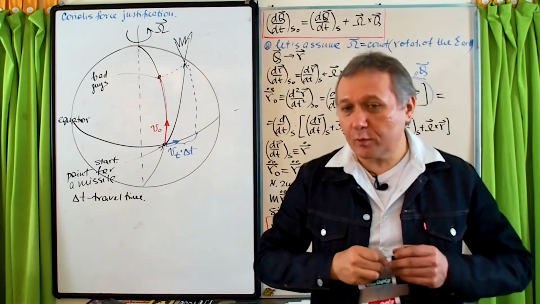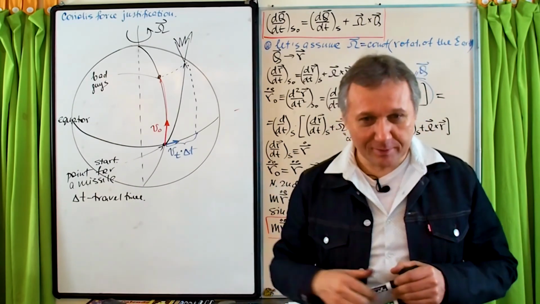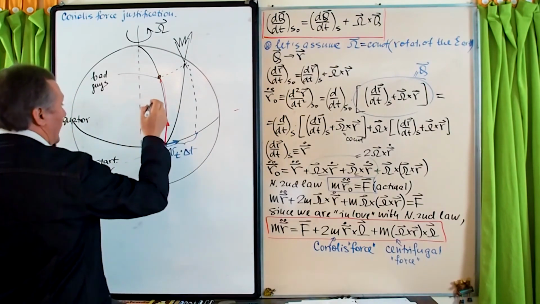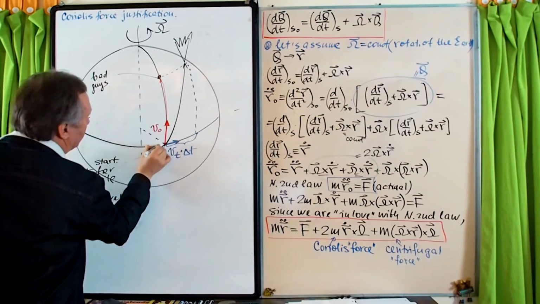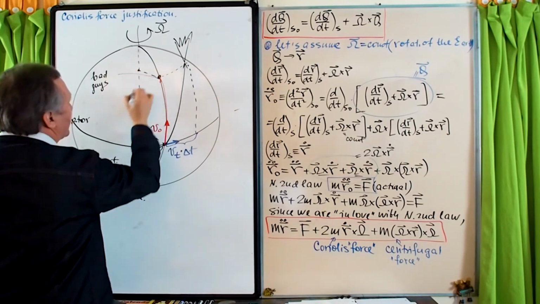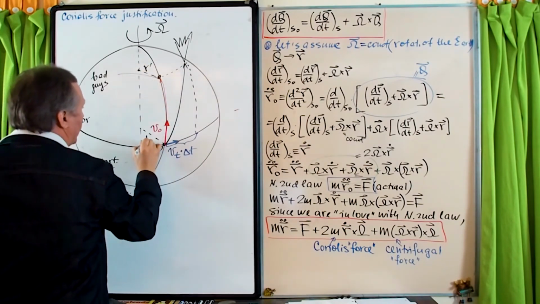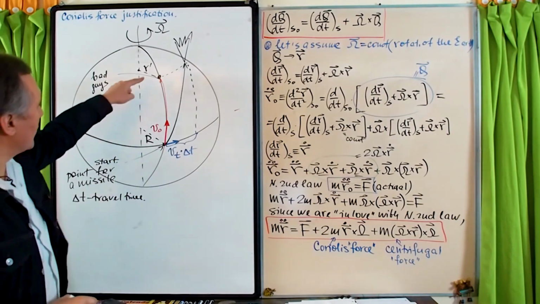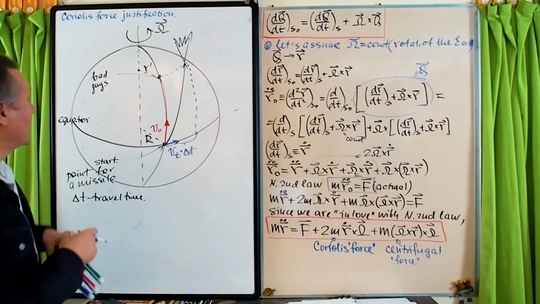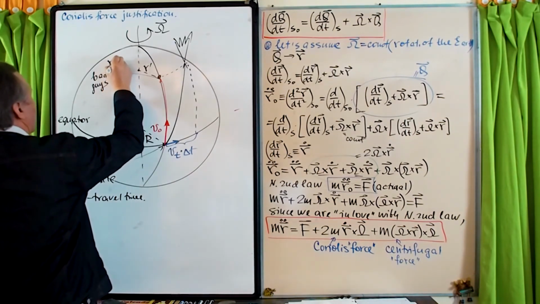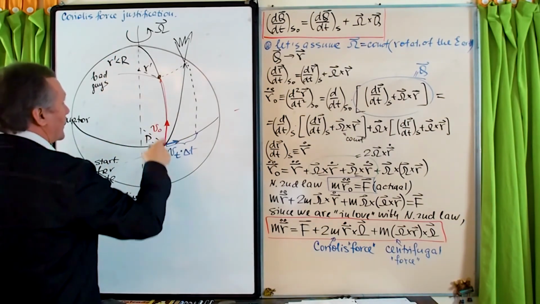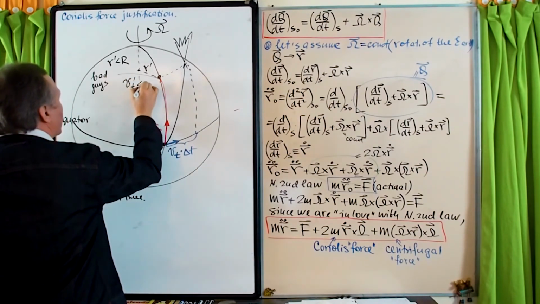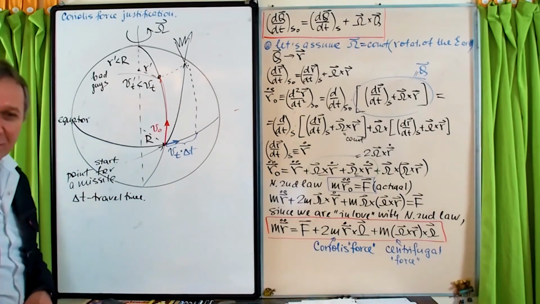Now let's look at where the bad guys are going to be. They are closer to the axis of rotation. So this is r prime, and this is the total radius of the Earth, r. So r prime is less than r, and the tangential velocity of these guys, vt prime, is of course less than vt.